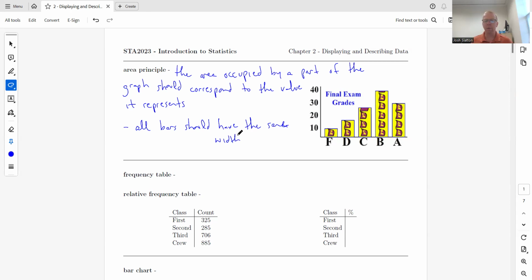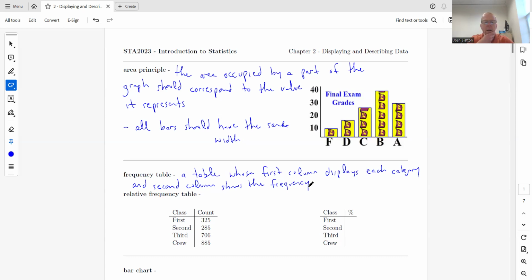Another way is frequency tables. So a frequency table is a table whose first column displays each category, and second column shows the frequency.